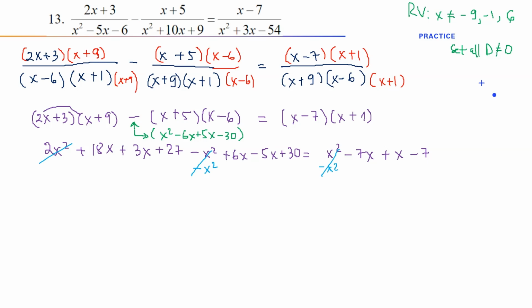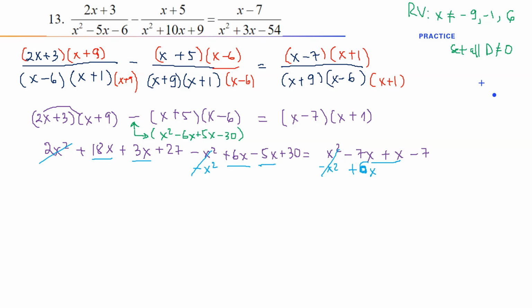Here we have 18x plus 3x is 21x, plus 6x, 27 minus 5x, 22, and then we add 6x both sides, because we have that combined.